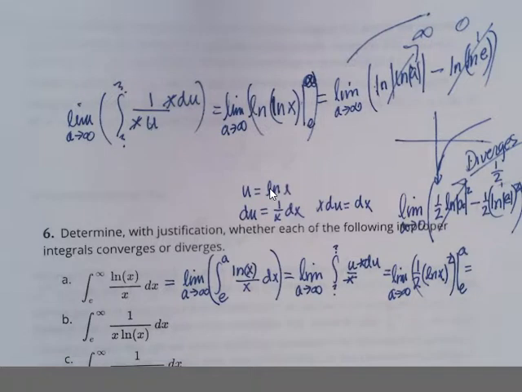Let's go to improper integrals, and this is number 6, so go down here. Nope. Wrong place. Selected answers. 6.5.6. B diverges. So we got that one correct. A and B both diverge.